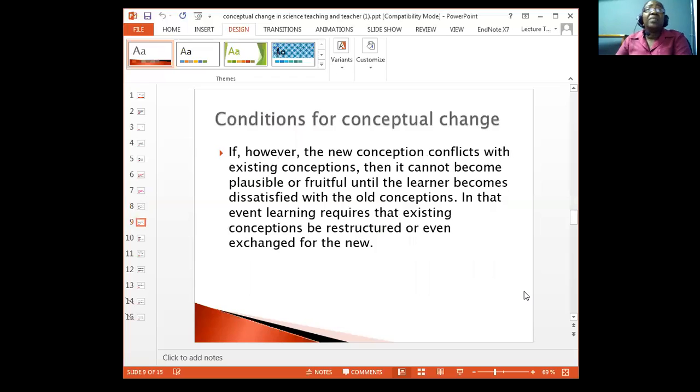In a case where the new conception conflicts with existing conceptions, or the student does not see it as being useful, we're going to have difficulty getting the student to learn. And so we're going to have a host of problems right there.